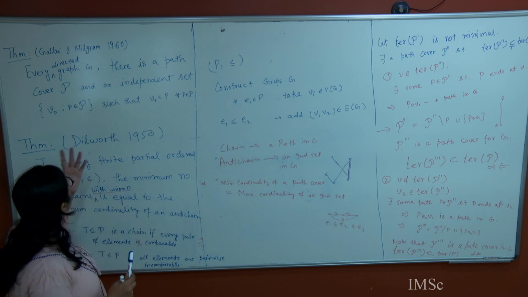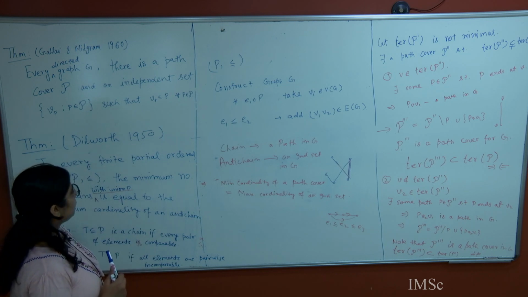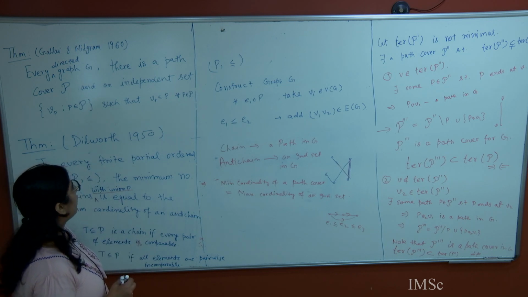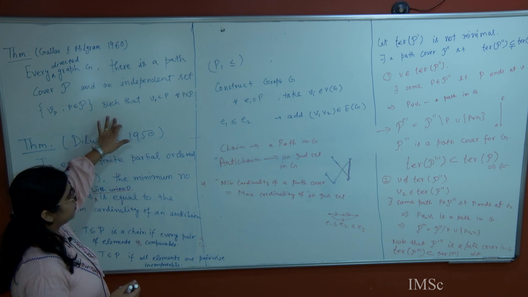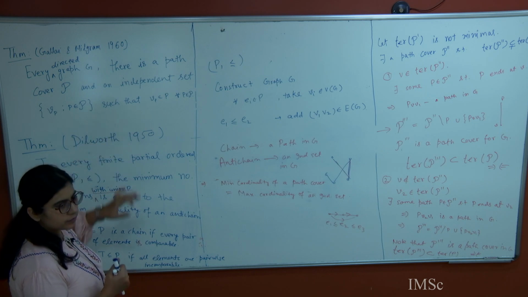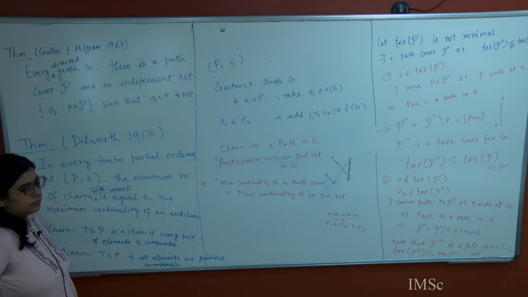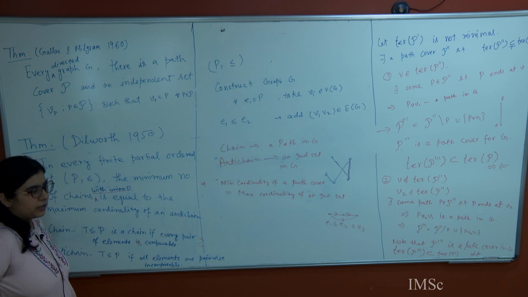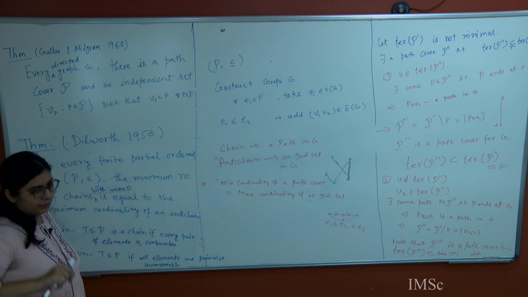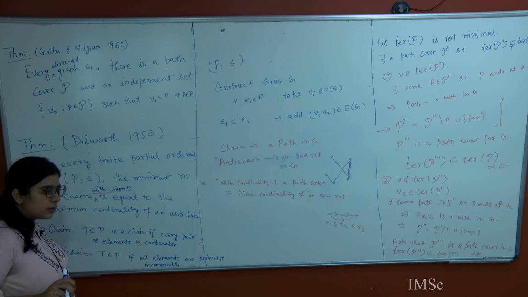Okay. So now can we use this? Any path cover size is at least the maximum number of antichain elements, because an independent set cannot be in one single path. So basically the cardinality of a maximum independent set, the path cover has to be at least that much.